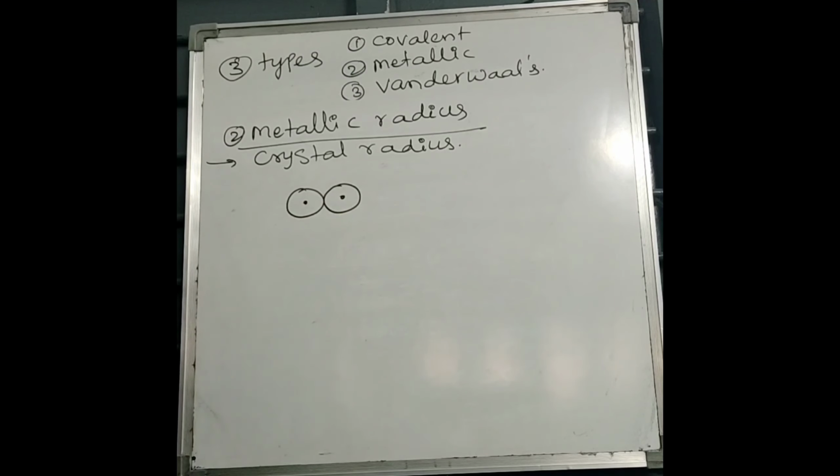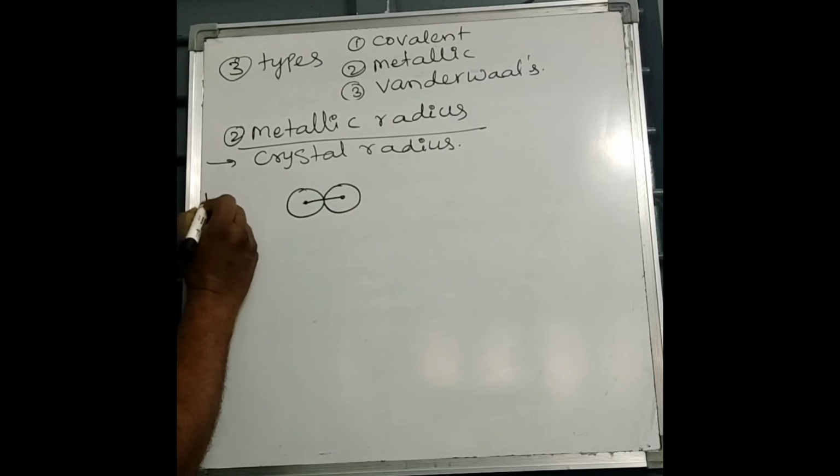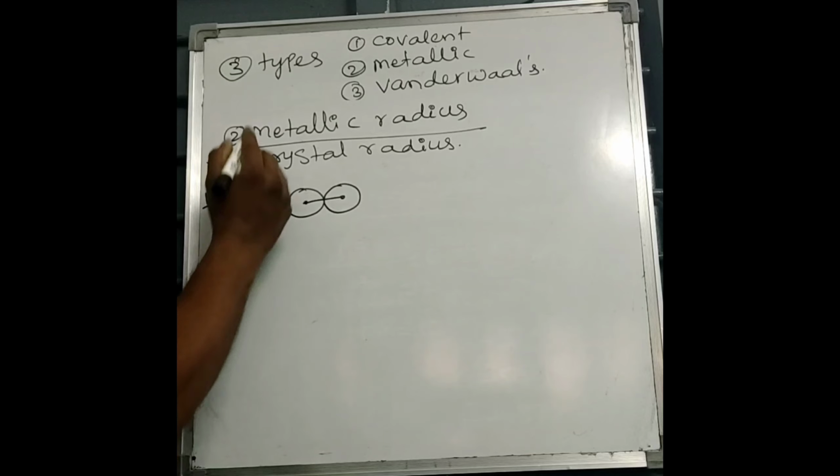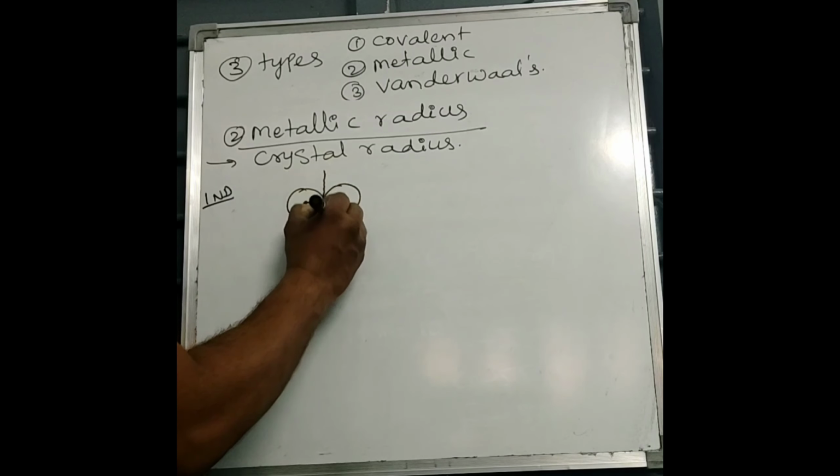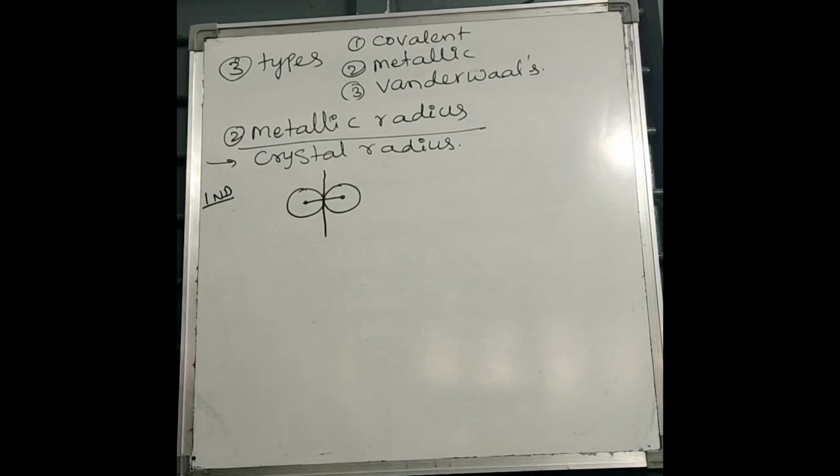These two are adjacent atoms which are connected in a metal by a metallic bond. This is the internuclear distance. Metallic radius is defined as half of the internuclear distance of two nuclei of two adjacent atoms which are held by a metallic bond. That is what metallic radius.